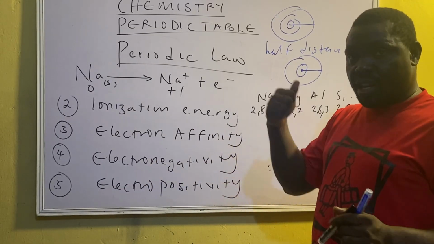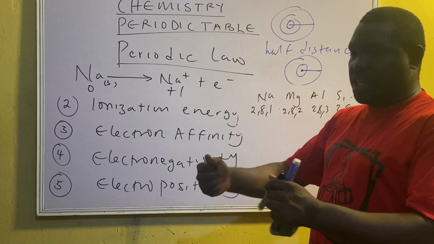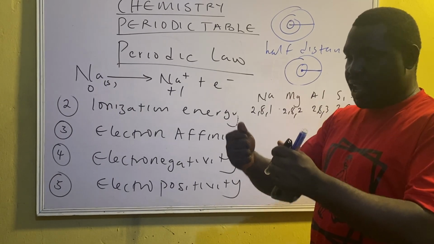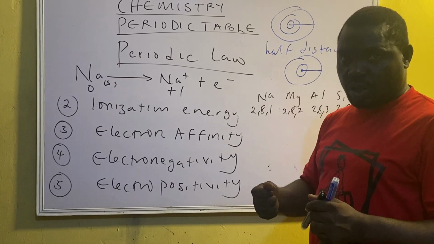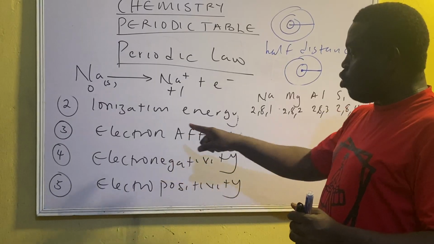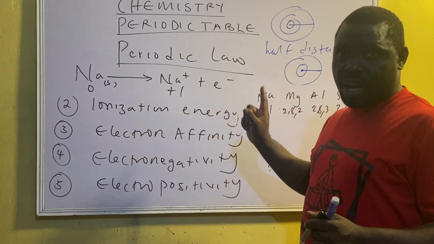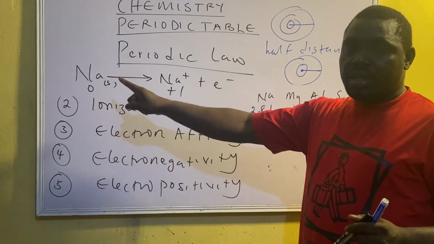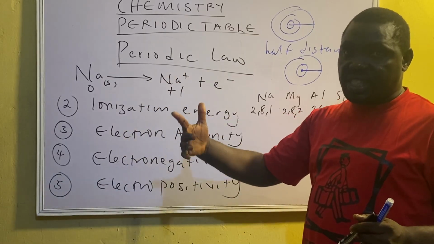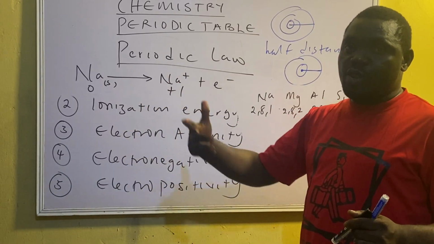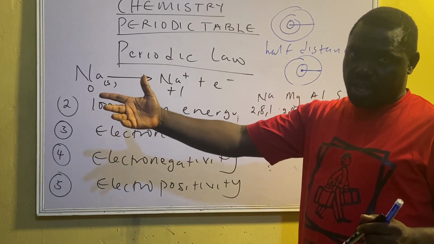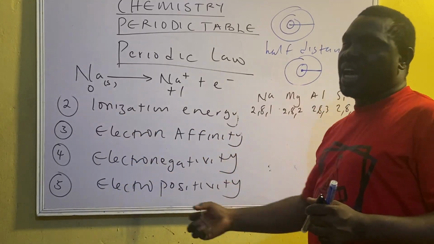Yes, electron affinity. The word affinity is like love. It's like an attraction. So as you move across from left to right, you will observe that the metals don't have affinity for electrons, but rather they lose. So it is the non-metals that have affinity.